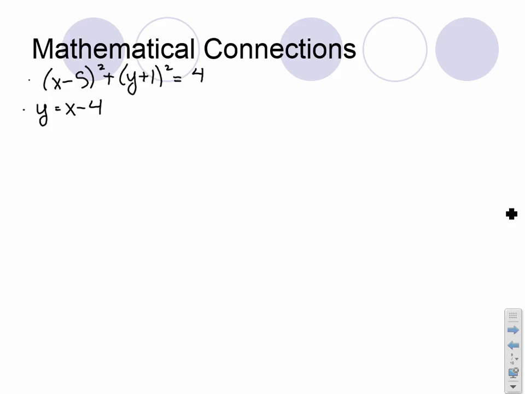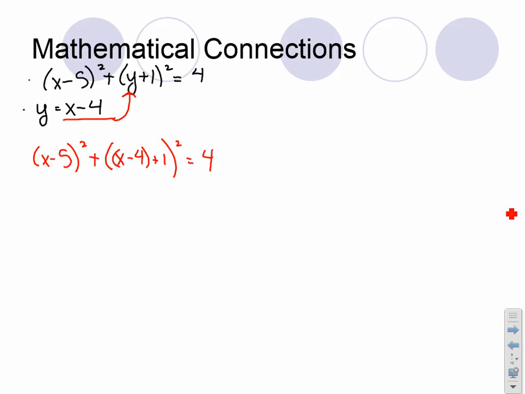So what I want to know is it a secant, a tangent, or a secant containing a diameter, or is it none of those? Okay, so we're going to use substitution. All right, so we're going to take this guy, and we're going to plug it in there. So I have (x minus 5) quantity squared plus (x minus 4 plus 1) quantity squared is equal to 4.